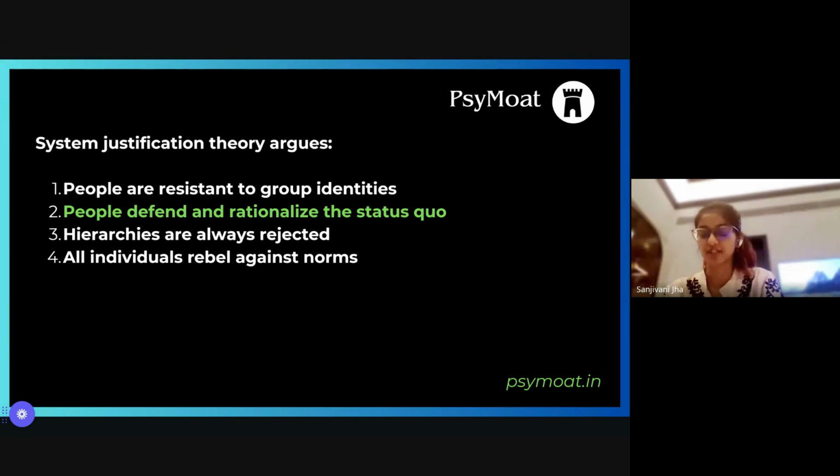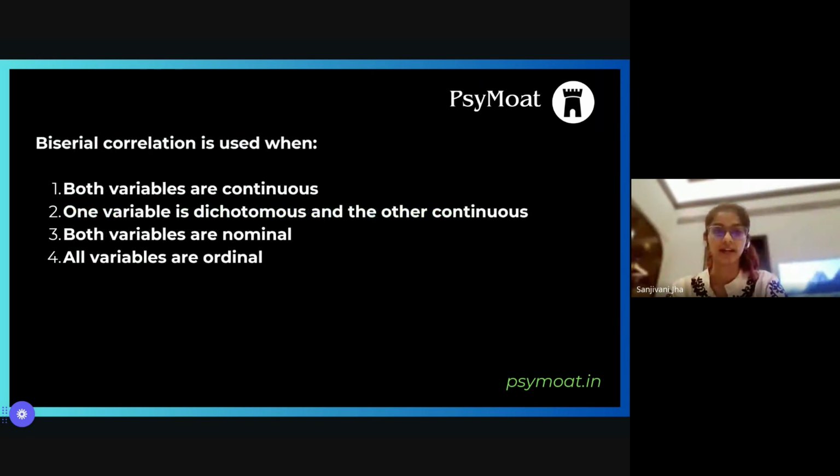In the word itself, system justification, you are trying to justify the social structures and systems that exist, and it is borrowed from social psychology. Resistant to group identities talks about the social and group identities that form out of hierarchies, like in-groups and out-groups. Hierarchies are always rejected, and all individuals rebel against norms, do not fit system justification theory in general. So this is the correct answer.